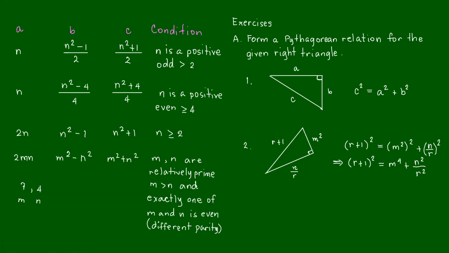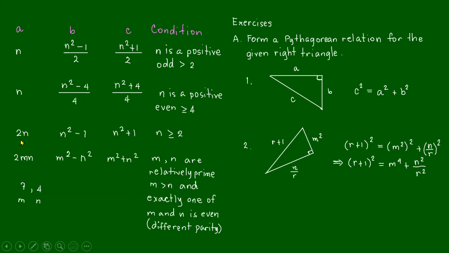President, what's the other leg? 3 po. 3. What about the hypotenuse? 5. 5. So if you want to find a Pythagorean triple, you can use any of these formulas. Just look at the appropriate conditions.